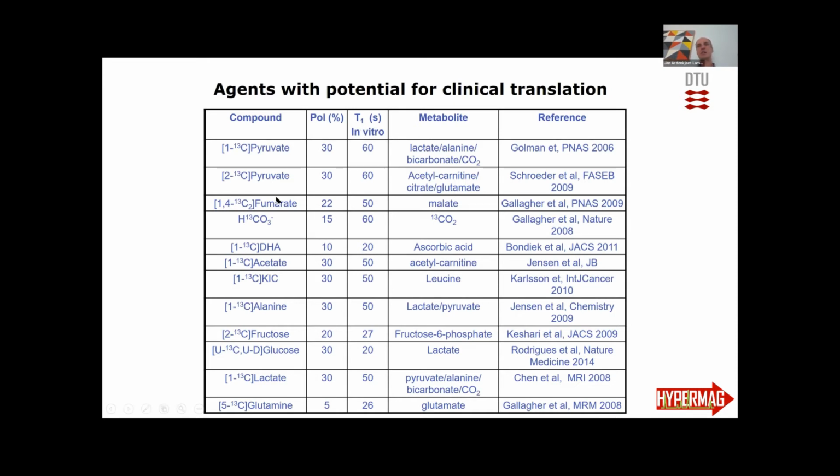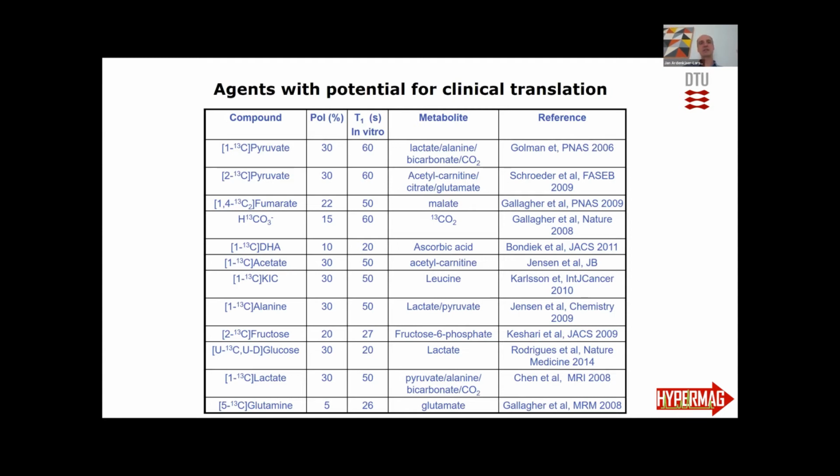And of course, there are a number of biological requirements that I'll get back to in a minute when we look at one of the key examples of a very favorable contrast agent, pyruvate, which is the top of this table.